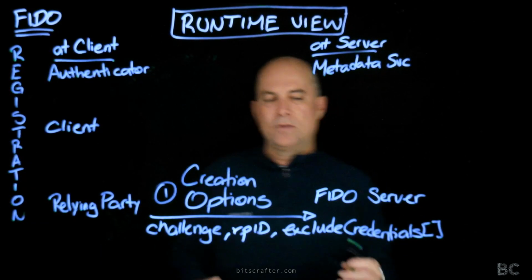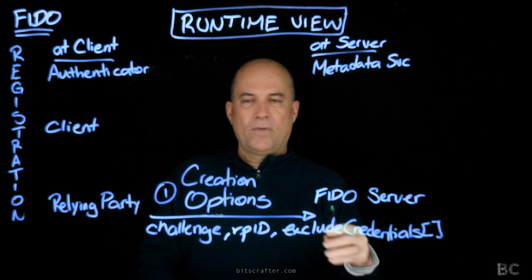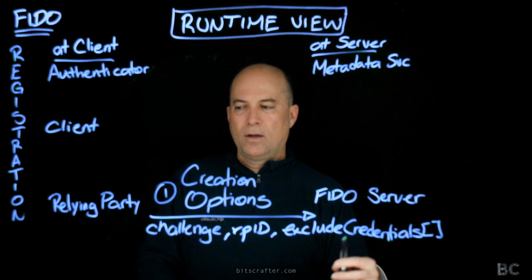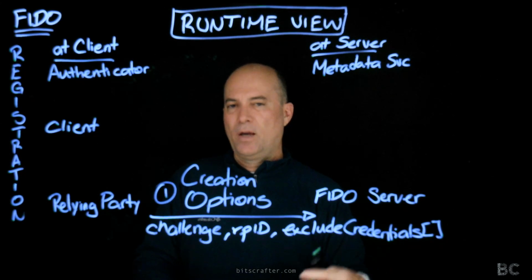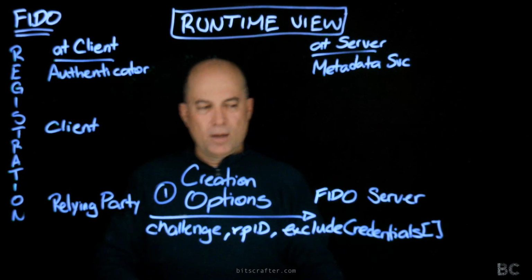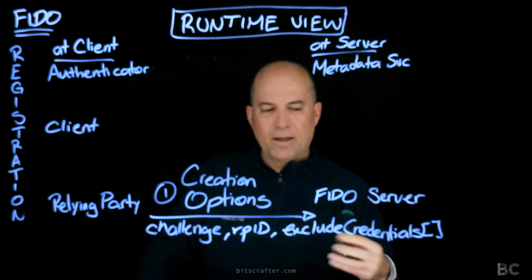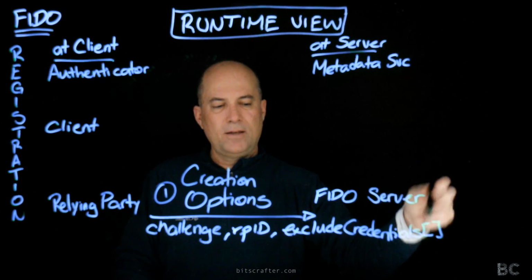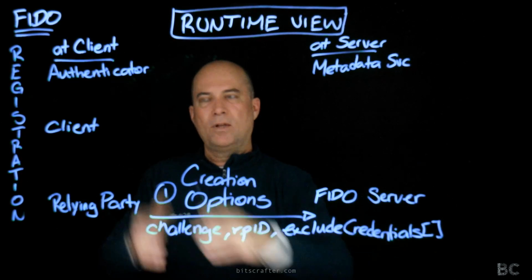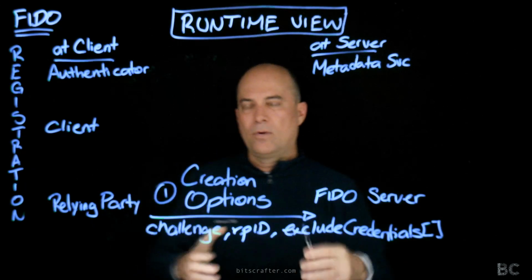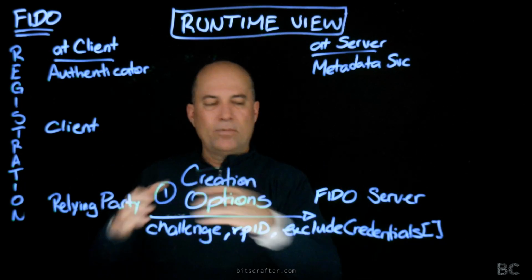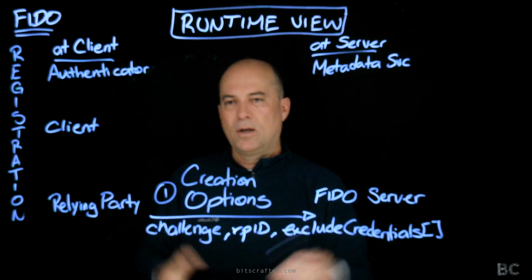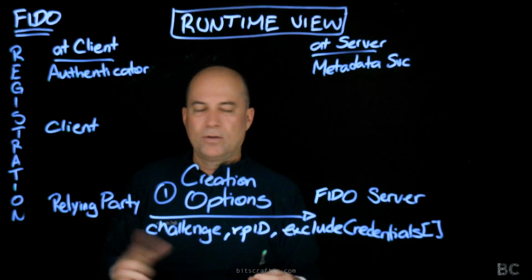So the situation is possibly this FIDO server already has FIDO credentials, and typically we don't want to recreate a FIDO credential if there is already one. So the way to prevent that is by including the known FIDO credential IDs in this array as a way to tell the authenticator, hey, if you know any of these IDs, please don't recreate. Just tell me you cannot create it because I already have this other credential.